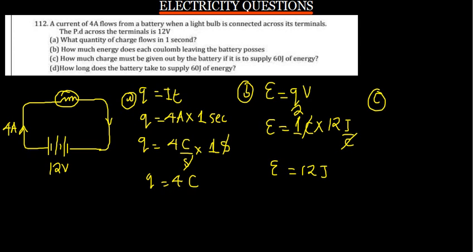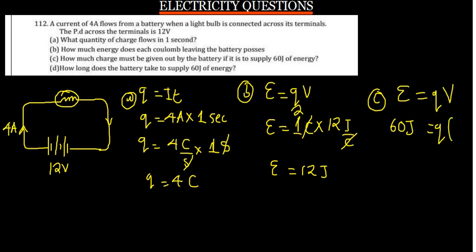Now, how much charge must be given out by the battery if it is to supply 60 joules of energy? Now the same equation: energy is charge times the voltage. They've told you it must supply 60 joules of energy, and you want to find charge. What's the voltage in this question?